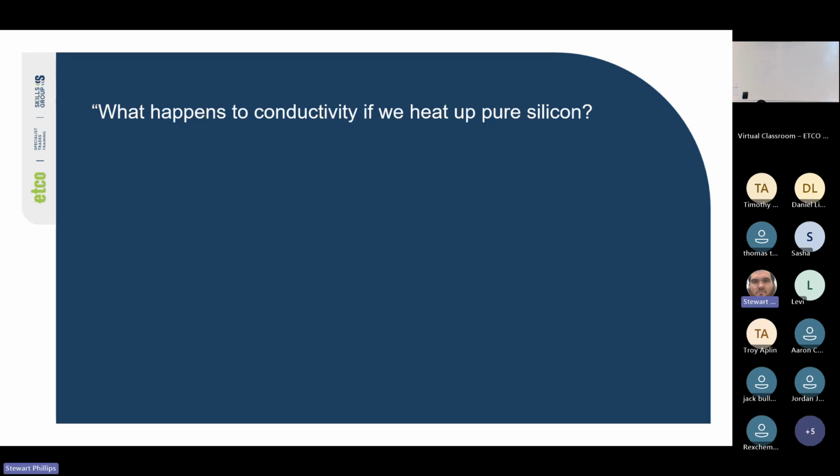Do you think we would get less conductivity if we heat up the silicon? What about everyone else? Will we get less conductivity or more conductivity? So we've got 3 decrease, 1 more. 2 increase, 3 decrease. Oh, evenly split.